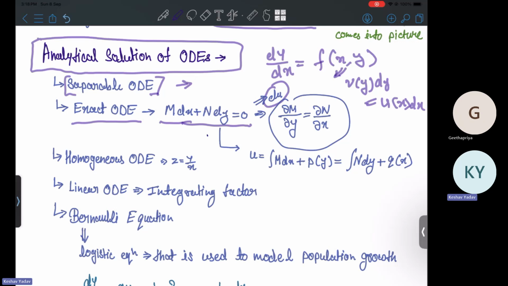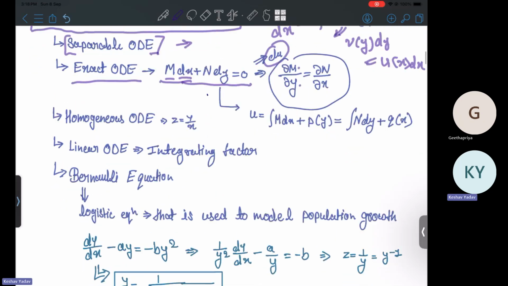This will be possible when del M upon del y is equal to del N upon del x. Means what? If we take the partial derivative with respect to y of the function multiplied by dx, and the partial derivative with respect to x of the function multiplied by dy, and both are equal, then it can be called an exact ordinary differential equation.